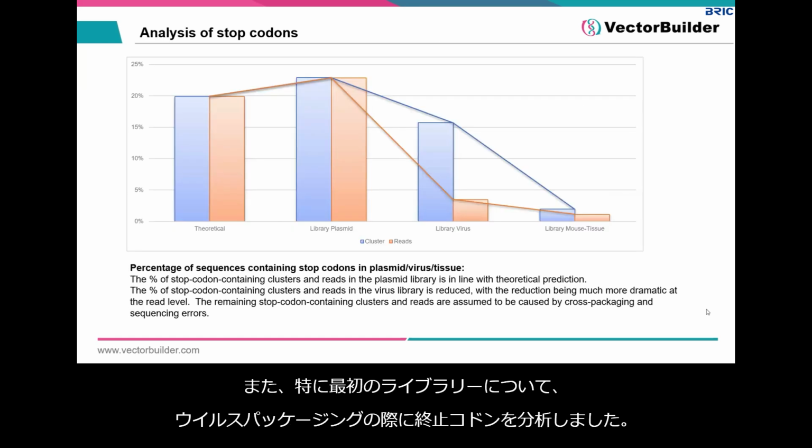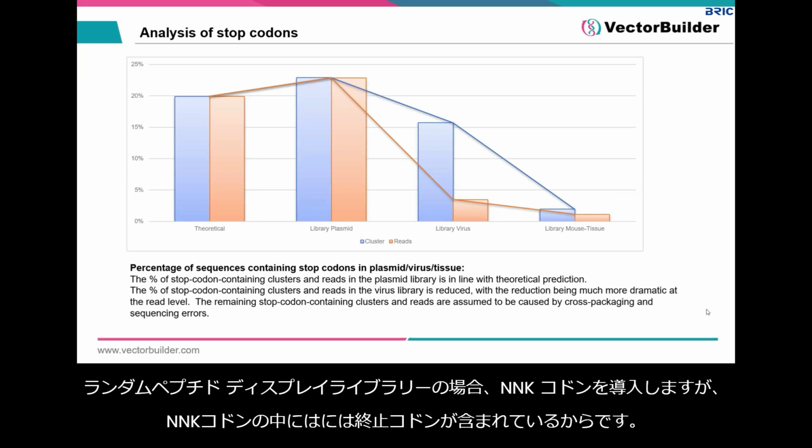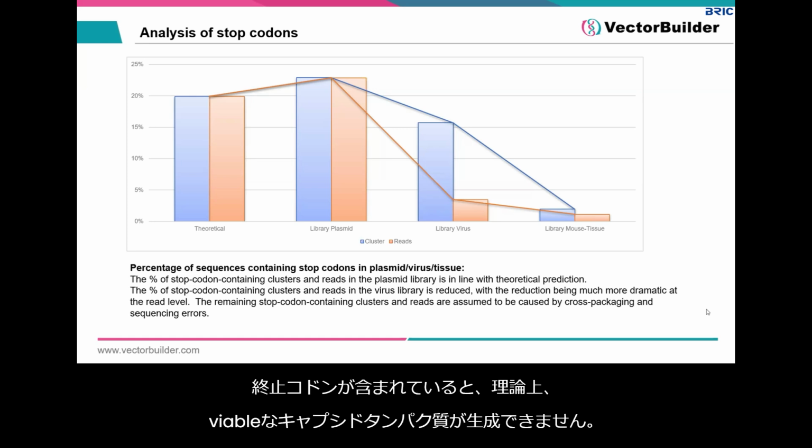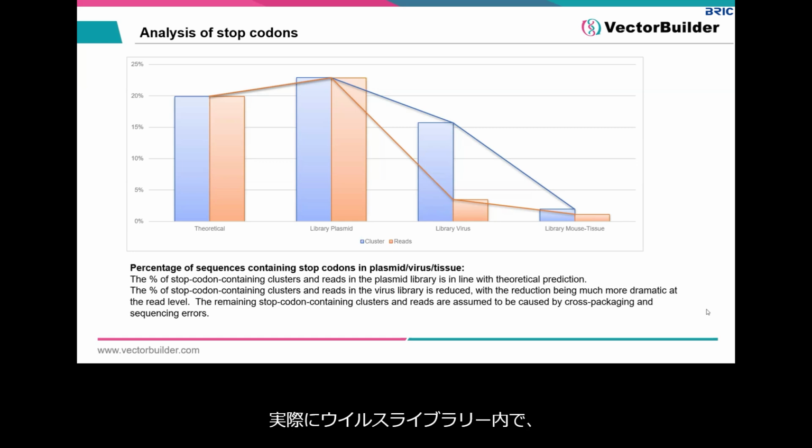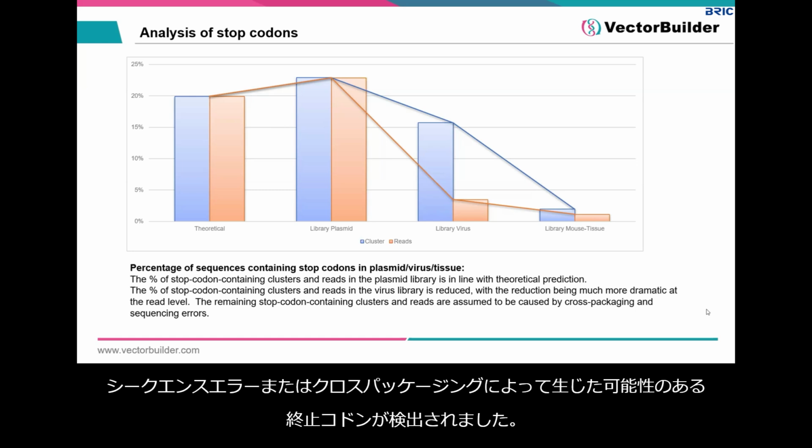We also analyzed the stop codons during virus packaging, particularly for the first library, because for a 7-mer random peptide display library, we introduce NNK codons, and these codons contain stop codons. Stop codons theoretically cannot generate a viable capsid protein, but in fact, we detected stop codons in the virus library.